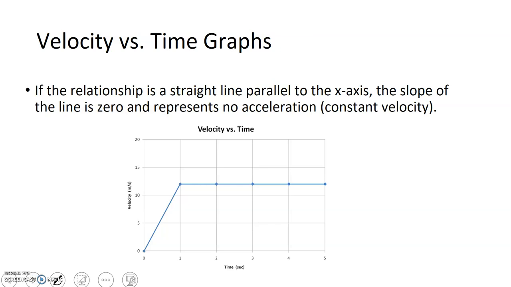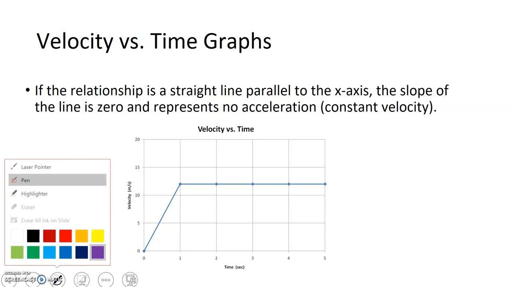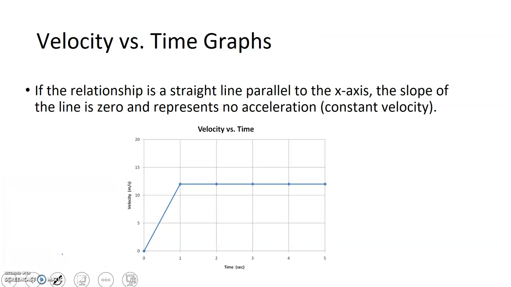For this example, we can study the motion of the object. Starting at 0 seconds, the object has a positive velocity because we're above the x-axis, and a positive acceleration. This slope is a direct linear relationship.